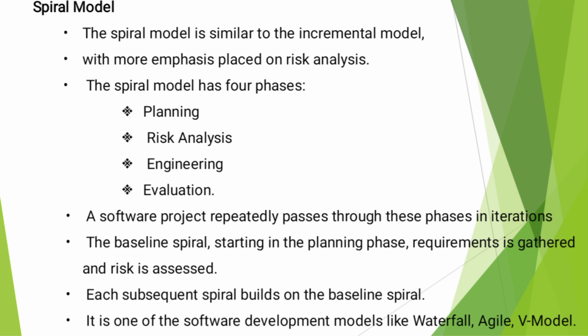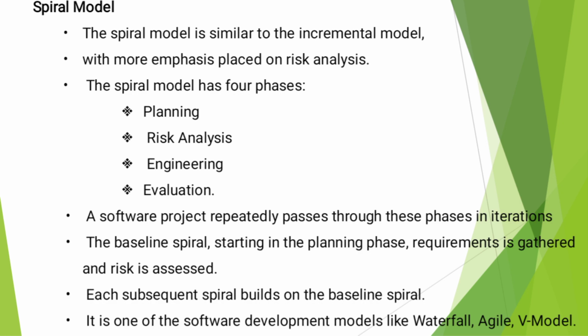Next one is the spiral model. The spiral model is similar to the incremental model with more emphasis placed on risk analysis. The spiral model has phases: planning, risk analysis, engineering and evaluation. A software project repeatedly passes through these phases in iterations.